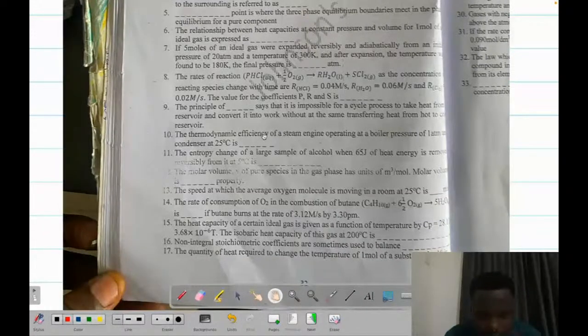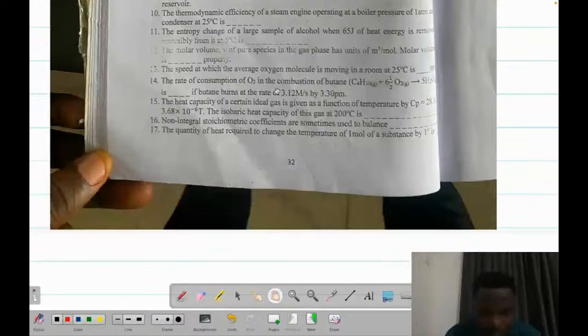The heat capacity, question number 15. The heat capacity of a certain ideal gas is given as a function of temperature.